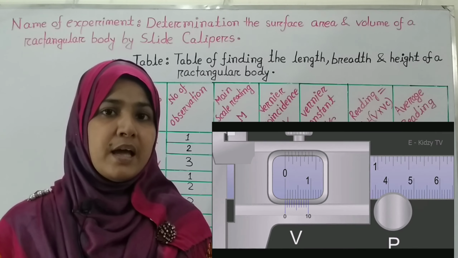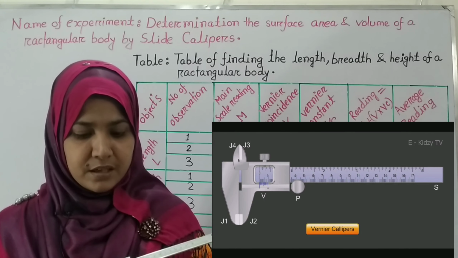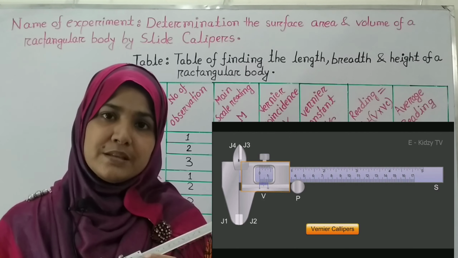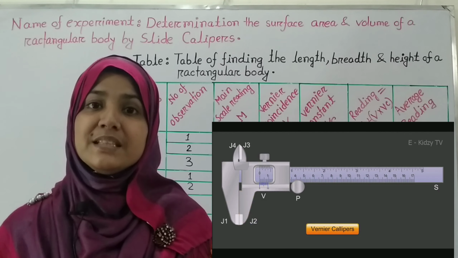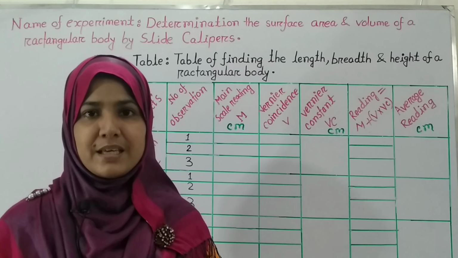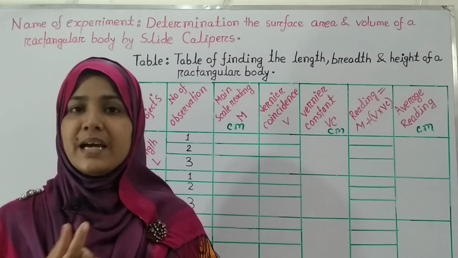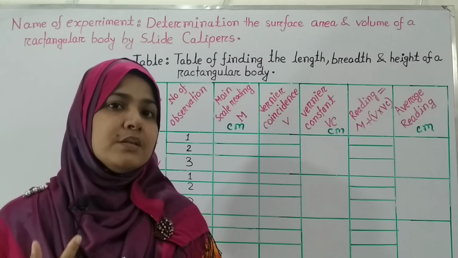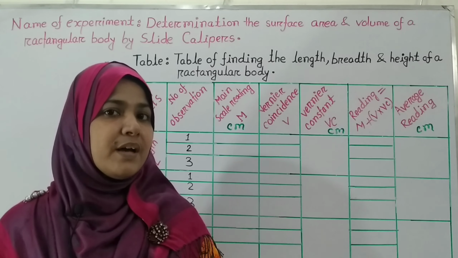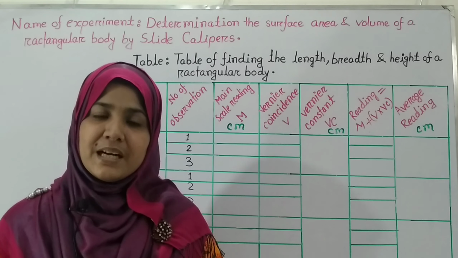And if the number of divisions of the vernier scale is 20, then these 20 divisions will be equal to 19 divisions of the main scale. And as there is a difference between the divisions, we can measure the fraction value of a millimeter by using this vernier scale.